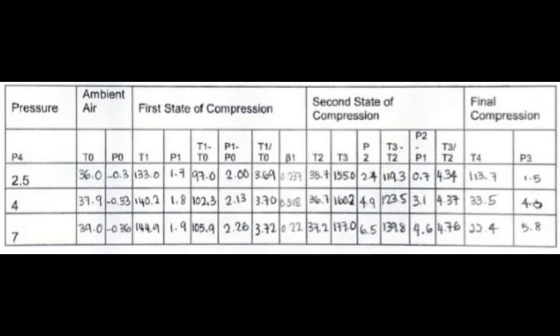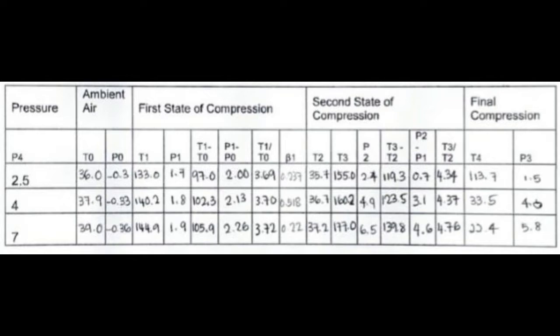In this subtopic, I will show you the results from our experiment of the multistage compressor. For the experiment, we need to set the compressor to 3 different pressures stated as P4, that is 2.5, 4 and 7 in units of bar.